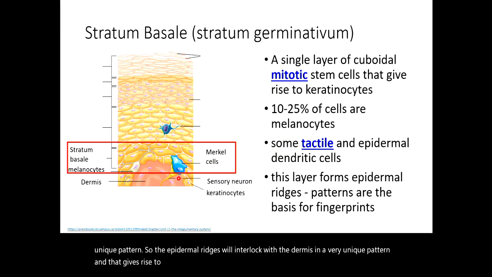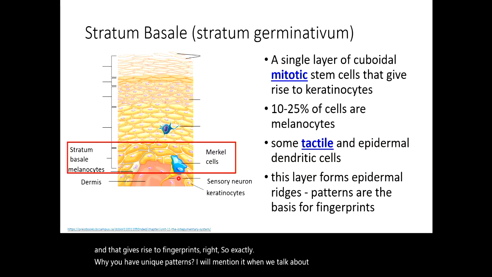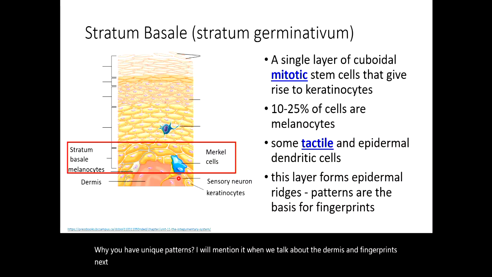Exactly why you have unique patterns, I'll mention when we talk about the dermis and fingerprints next week. But this is going to play a role in the basis for fingerprints.